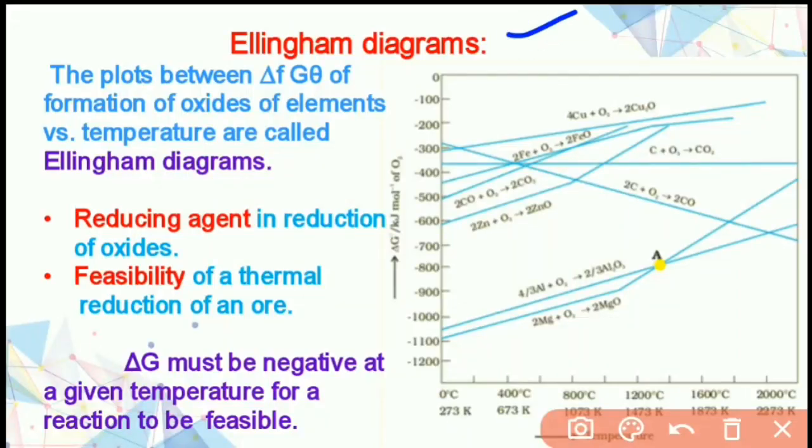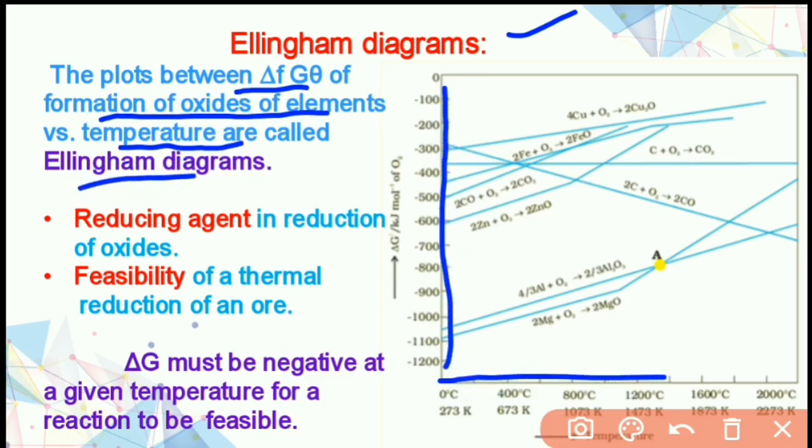Ellingham diagrams. It is the graphical representation of Gibbs energy, and it was first used by H.J.T. Ellingham. When we plot a graph between the Gibbs energy of formation of oxides of elements versus temperature, it is called an Ellingham diagram. In this graph, take the change in Gibbs free energy of formation on the y-axis, and different temperatures on the x-axis.